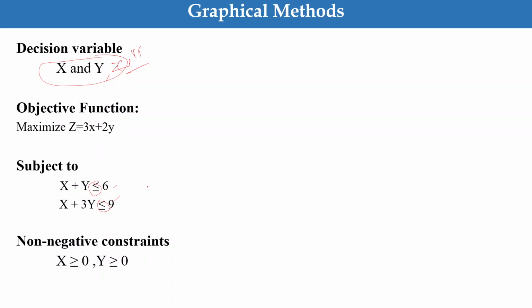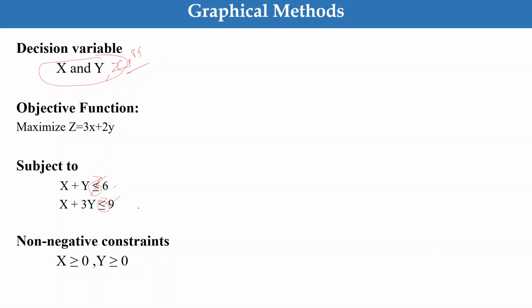Now that comes to the big M method and two-phase method. Same condition, you must have more than two variables, so you have three variables, and if these constraints are greater than equal to, right, then you can use either big M method or two-phase method. Both the methods are applicable, right? So now I think it's clear when we use which type of method, right?